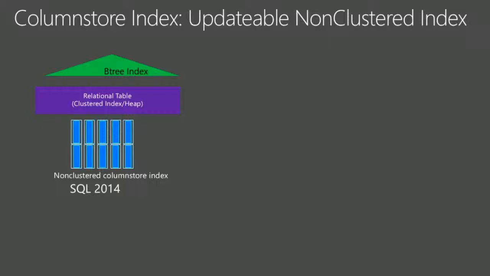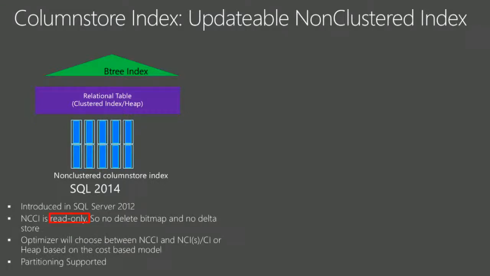There are so many kinds of combinations, but think of an OLTP workload, and you want to create a column store index on it to do analytics. Okay. In 2012, you could do that, but it was read only. So you could only do it on a read only table. So it did not make sense to create that on an OLTP workload, because an OLTP workload by definition is changing.